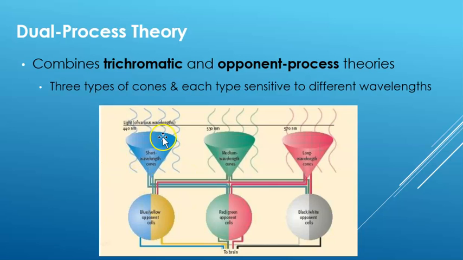So the cones are red, green, blue, but then the cells that the cones talk to are split into three different types: red-green cells, blue-yellow cells, and black-white cells. So you have three types of cones, but then you also have three types of cells. So that's what the dual process theory says. It's pretty much the best of both worlds.